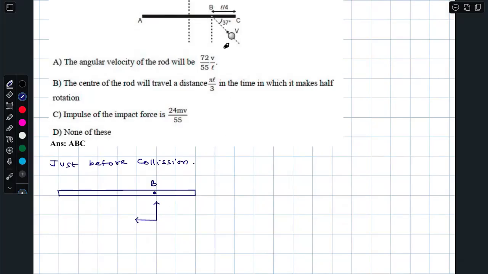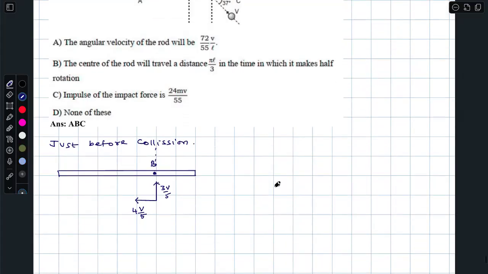Can you please help me write those two components? If this is V, 4V by 5 along the rod and 3V by 5 normal to the rod just before collision. Just after collision, you said this is elastic. Don't forget that.